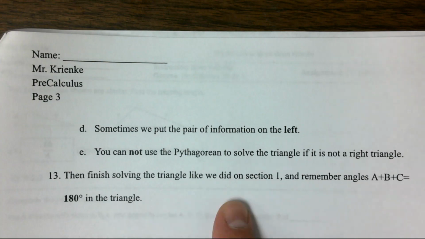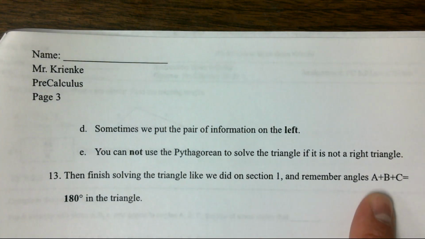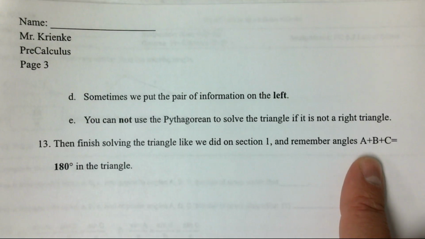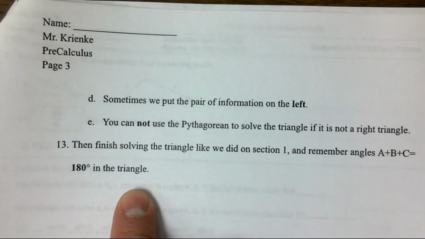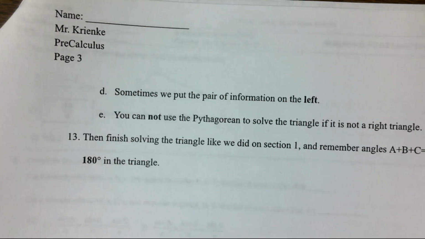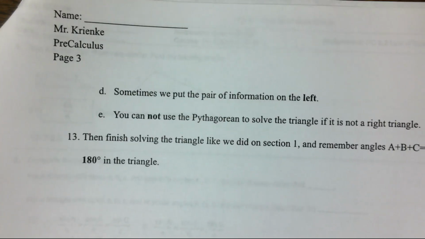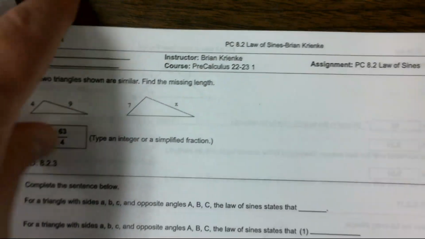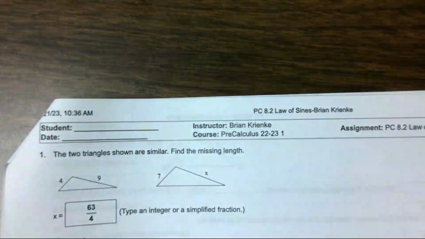Then finish solving the triangle like we did on section 1. And remember, even though it's not a right triangle, everything has to add up to 180. Meaning the angles. The angles have to add up to 180, not the sides. I saw that mistake a couple of years ago, but it's just the angles.